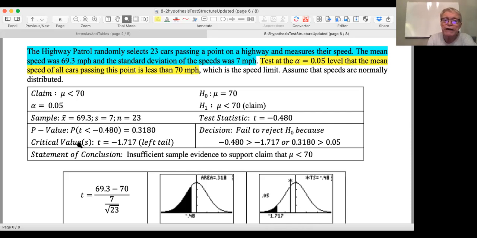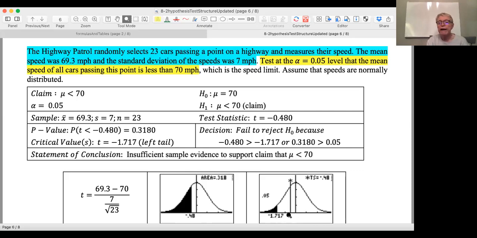If we did the critical value instead, we find that the critical value is t equals negative 1.717. It's a left-tailed test, and we know that the test statistic is negative 0.480. We would draw a sketch with the test statistic plotted and the critical value plotted, and remember, we have the mean as a reference here.